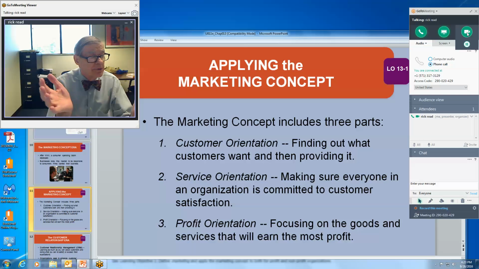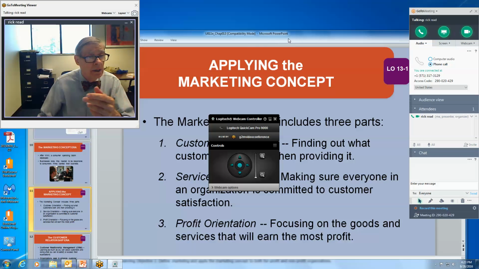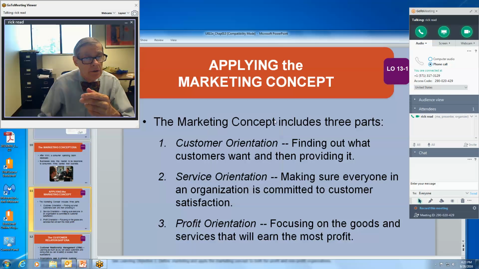You just don't provide a product or service and then walk away. There are other things that are required for you to do. And then, of course, you had to make money doing what you were doing. If you didn't make money, you'd be out of business pretty quickly. So that's the last piece of the marketing concept.